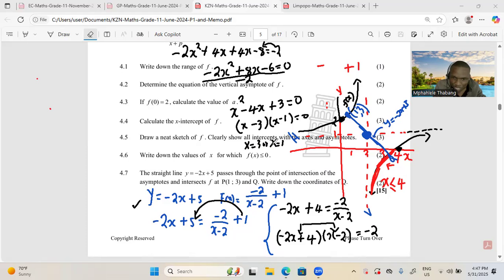The two graphs intersect at two points, where x is 1 and where x is 3. For Q, I'm going to take 3, because I can see where x is 1 here. So the coordinates are (3, negative 1).